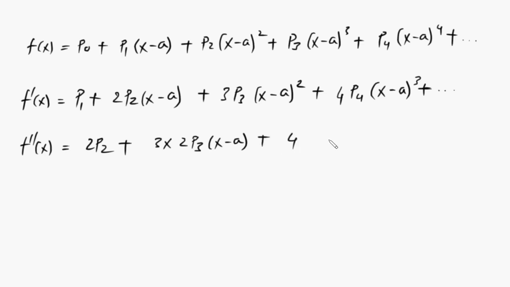Then 4 and p4 is a constant, so differentiating (x minus a) cubed gives 3(x minus a) squared, and so on. So this is the second derivative.